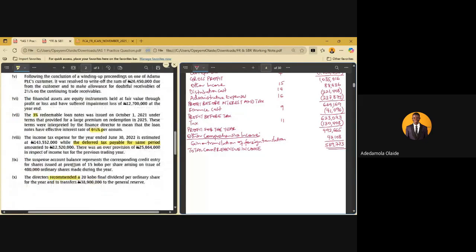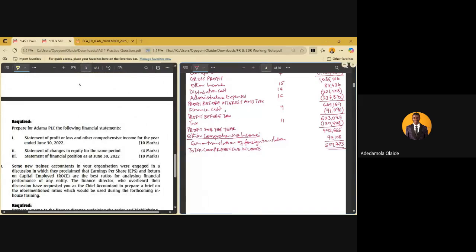Statement of changes in equity for the year ended 30 June 2022.